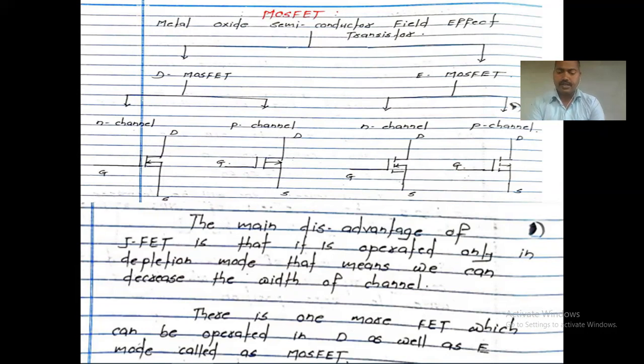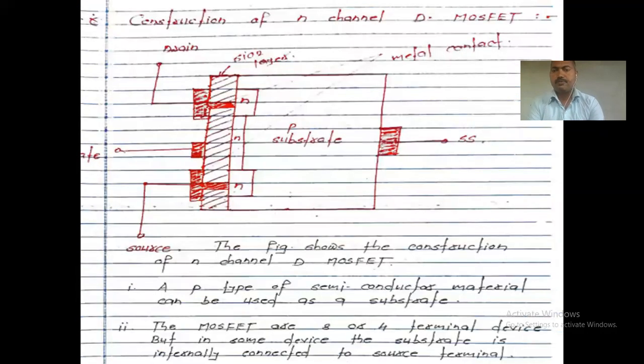Now we have seen the N channel D MOSFET and the construction of the N channel E MOSFET. See the diagram. N channel indicates that there are more electrons, right? The figure shows the construction of the N channel D MOSFET. A MOSFET has 3 or 4 terminals. Sometimes it has 3 terminals, or sometimes 4.